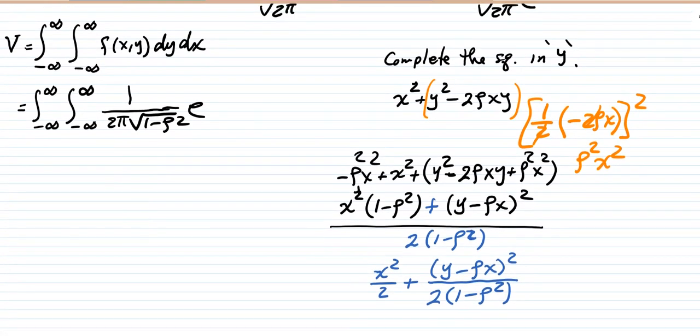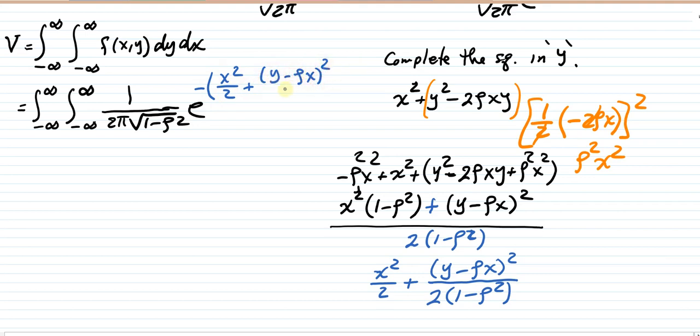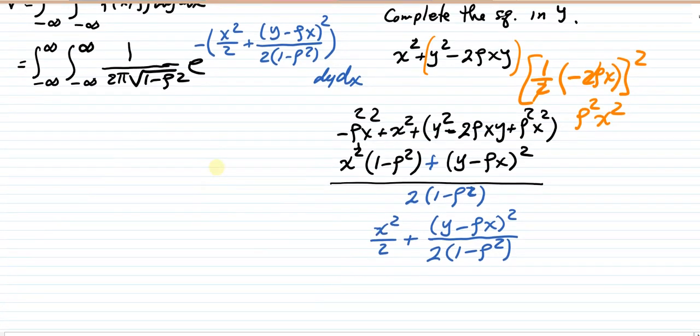I'm going to use negative x squared over 2 plus (y minus rho x) quantity squared over 2 times (1 minus rho squared). And then, of course, we have dy dx here. Perfect. Believe it or not, we're almost done.